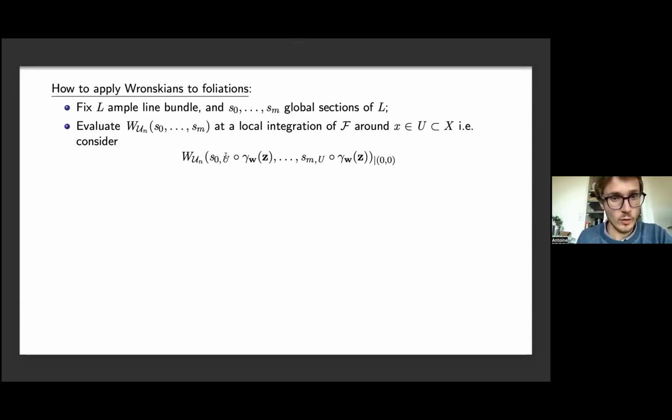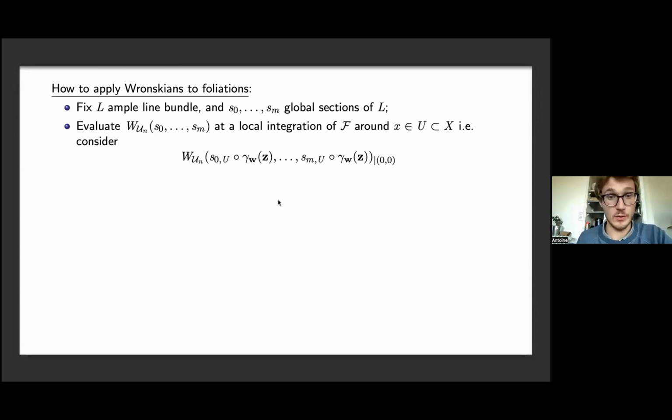So here the sections have been written in a local trivialization, and if we fix the variable w, we have really a map from C^p to C that we can differentiate according to the variables in our full set U_N and evaluate at (0, 0).